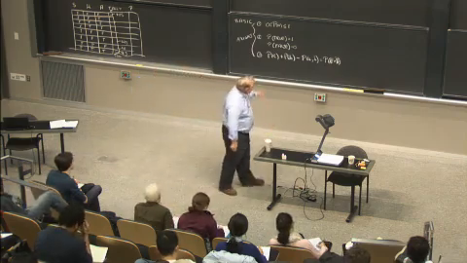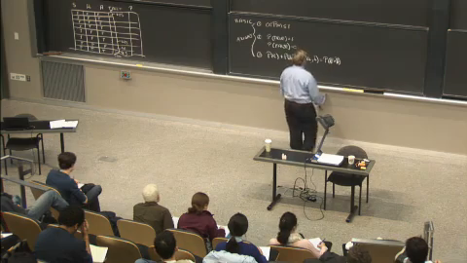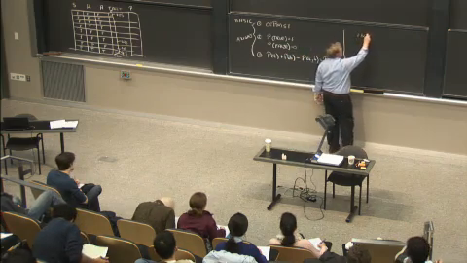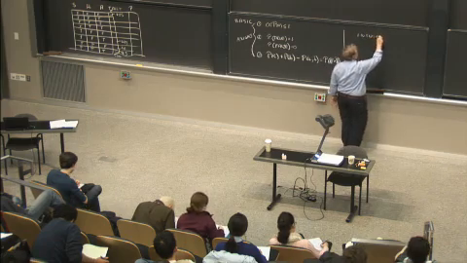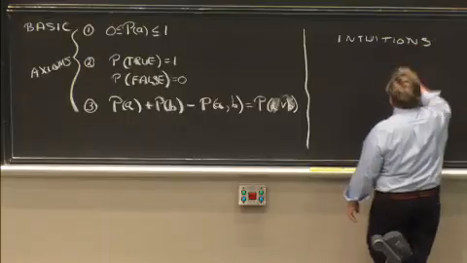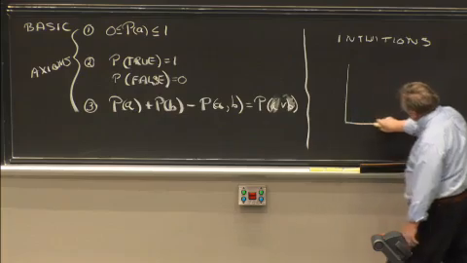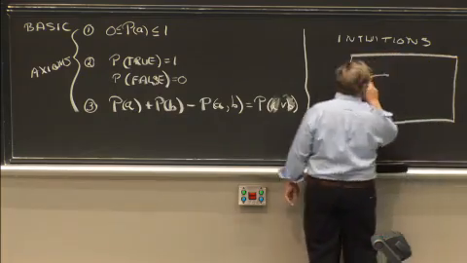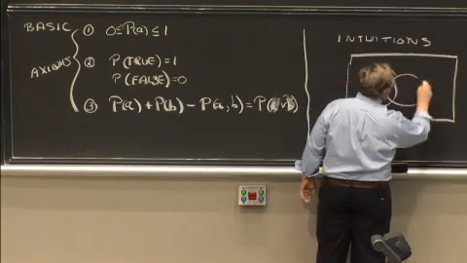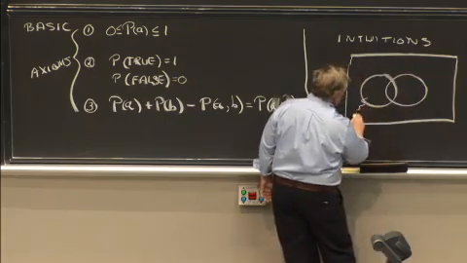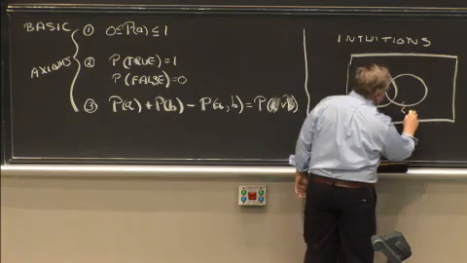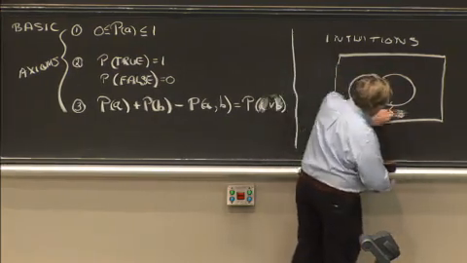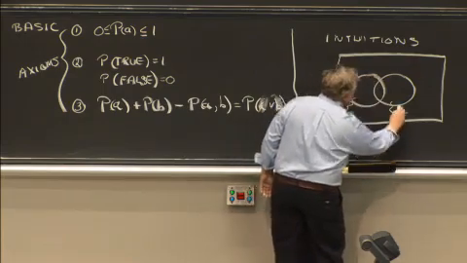So that's the formal approach to dealing with probability, and it's mirrored by an intuition that has to do with discussions of spaces like so, in which we have circles or areas representing A and B. And to keep my notation consistent, I'll make those lowercase.